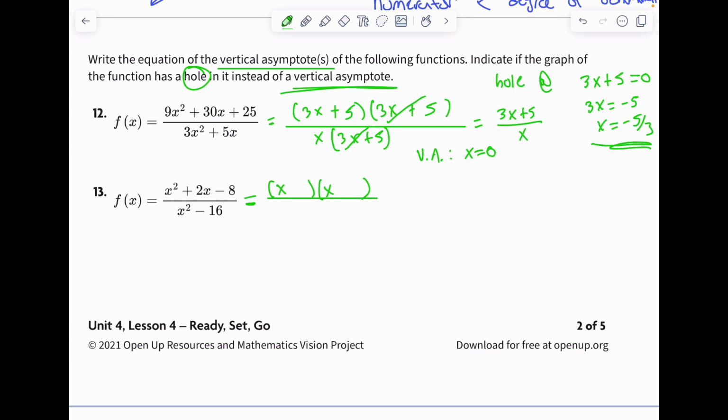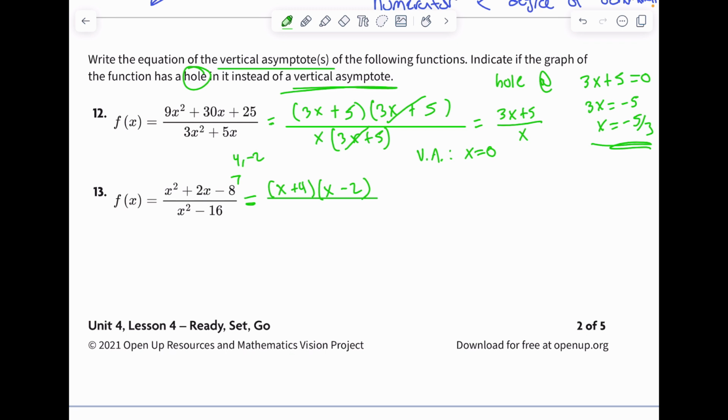I want numbers that multiply to negative 8 and add up to 2. Off the top of my head, I can think about 4 and 2, right? So if I have a positive 4 and a negative 2, so plus 4 minus 2. Does that work out for us? We have x squared minus 2x plus 4x. Yes, that's going to be 2x minus 8.